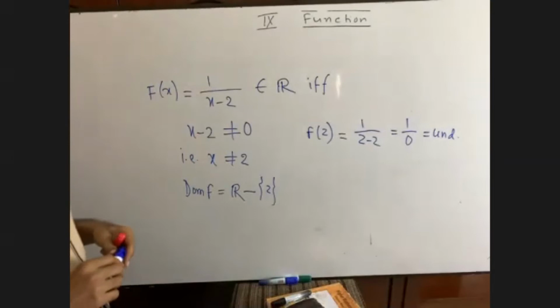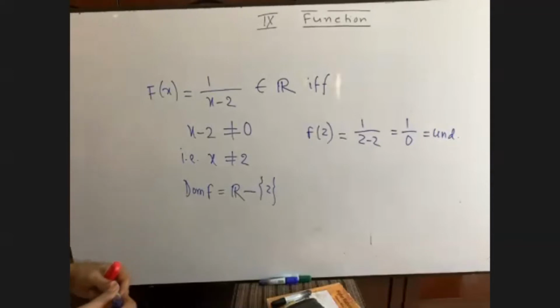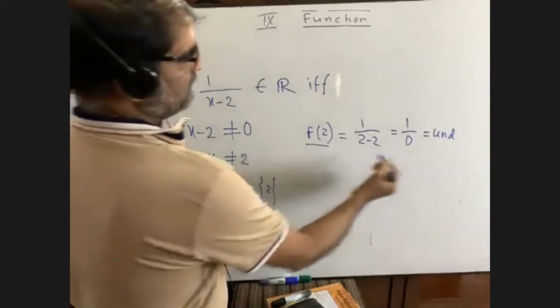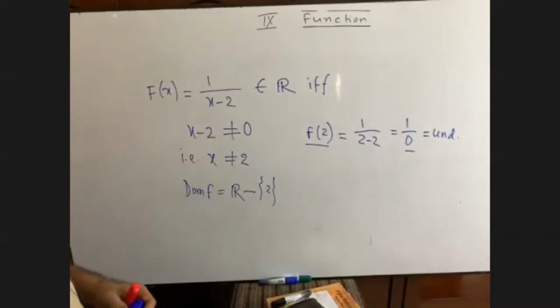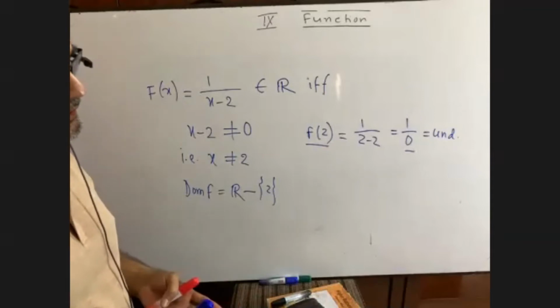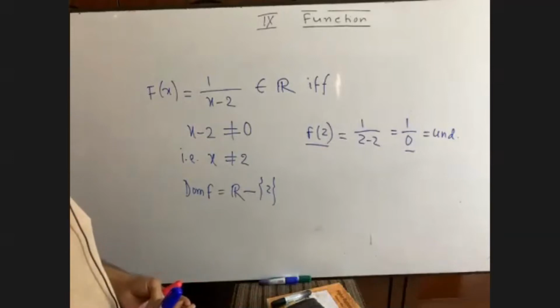So in the definition I told, f(x) will be defined. But here f(x) is undefined. For which value is f(x) undefined? When x equals 2, f(x) is undefined. So 2 will not be accepted as domain.